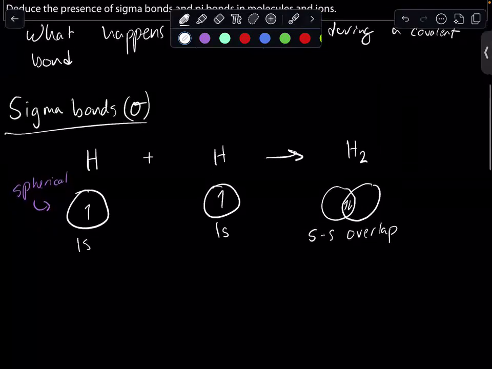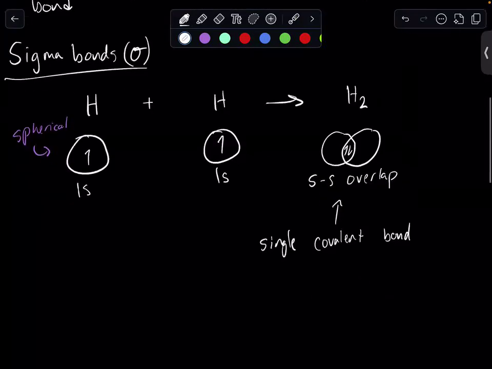We have this overlap of the orbitals where we can notice that the electron density is concentrated in that section. So this is our formation of a covalent bond, a simple single covalent bond. This is also what we would call a sigma bond.